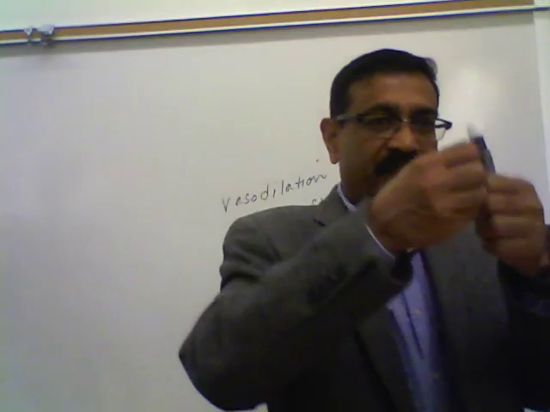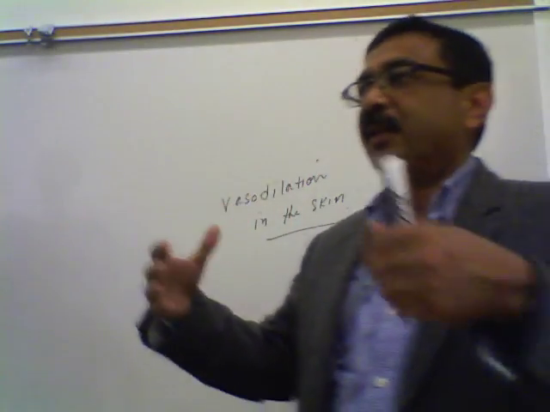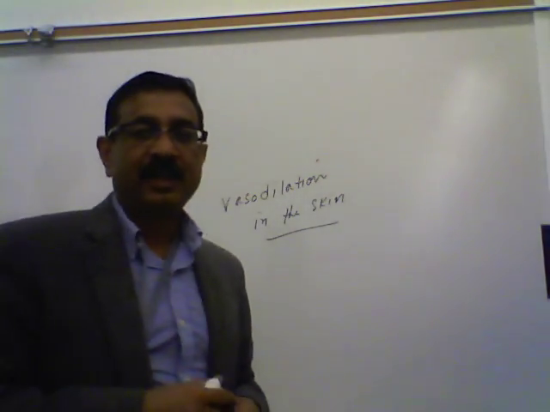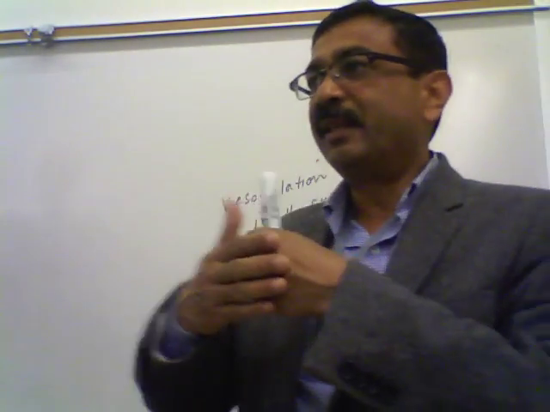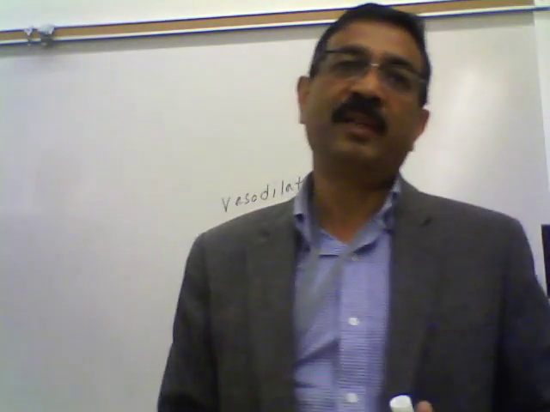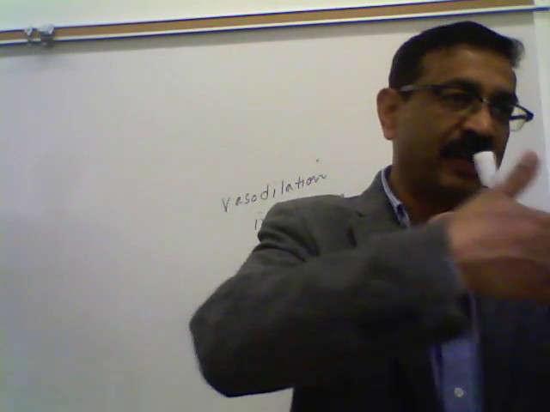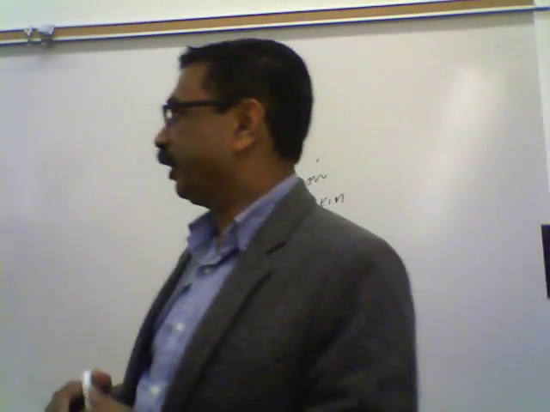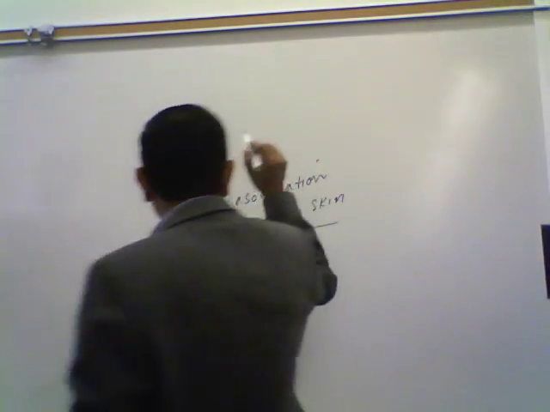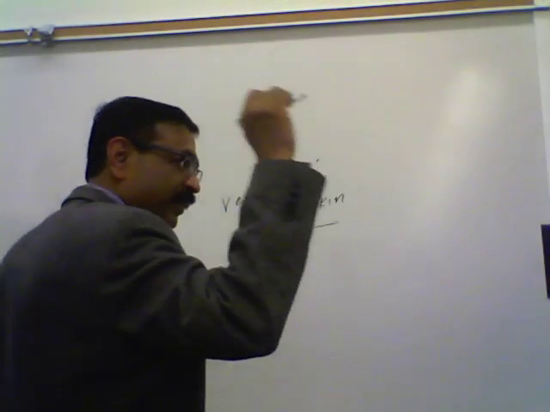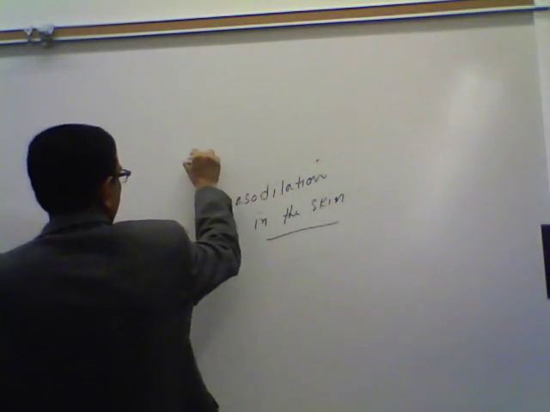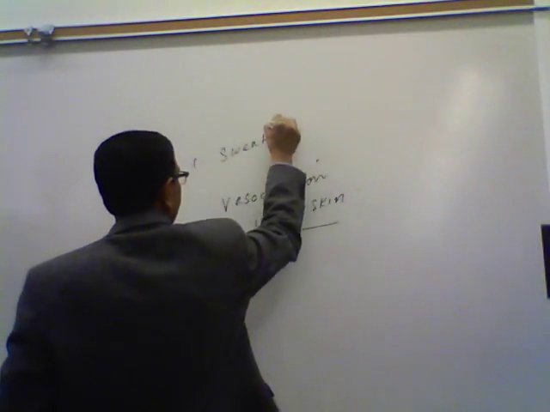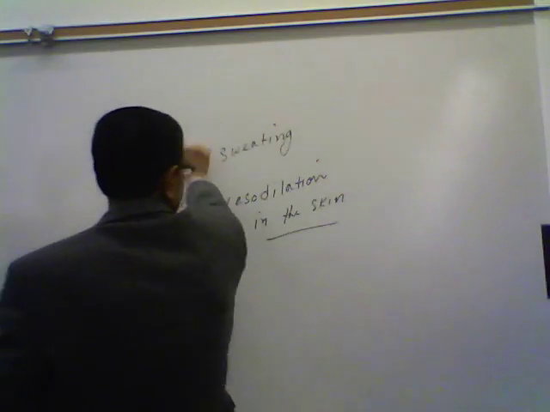So when vasodilation occurs in the skin, more blood circulates, and from the blood, heat easily gets out through the skin. Because more blood circulates in the skin, heat can easily leave the body from the blood. So those are the two ways your skin regulates or lowers the body temperature. Number one I have mentioned, sweating, and number two, vasodilation.